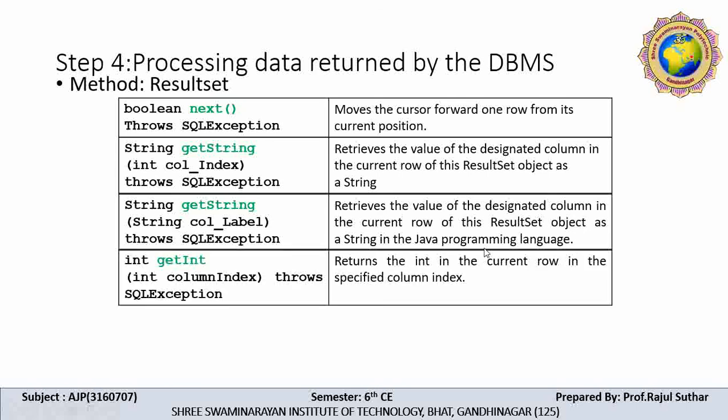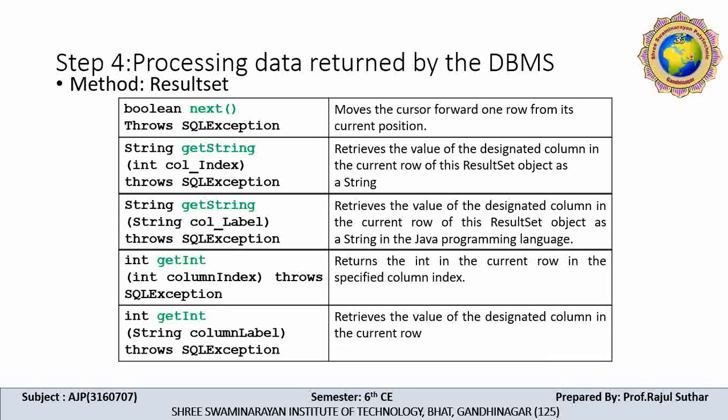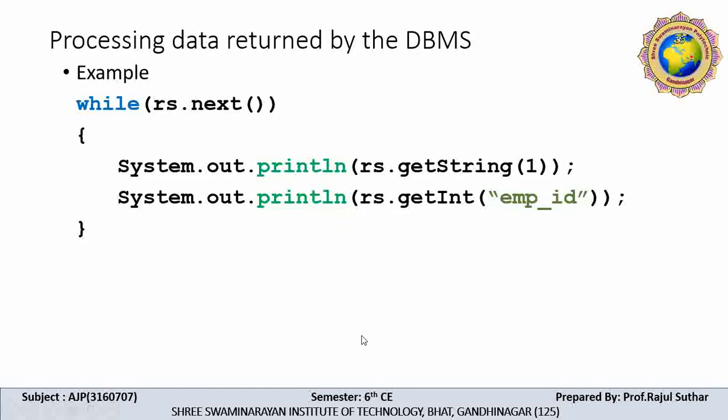Integer getInt, integer column index, throws SQLException. It returns an integer in the current row at the specific column index. Integer getInt, in the brackets string column label, throws SQLException. It retrieves the value of the designated column in the current row.